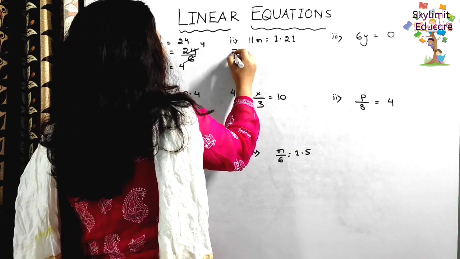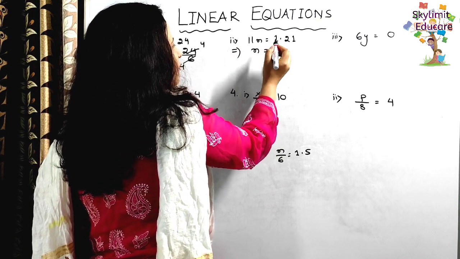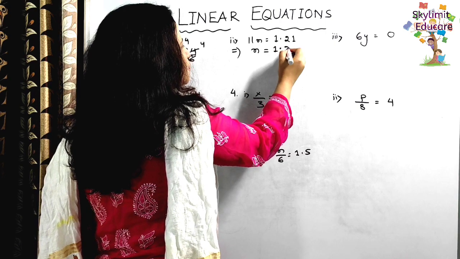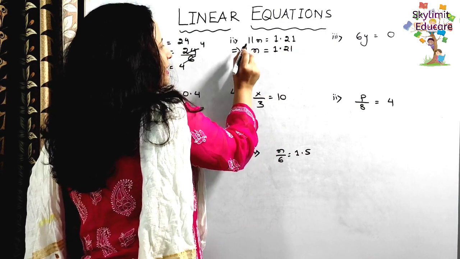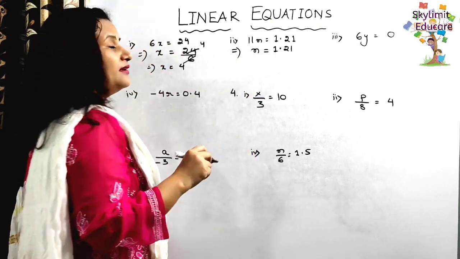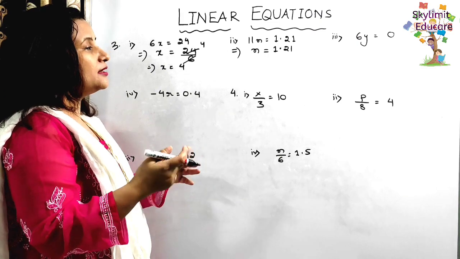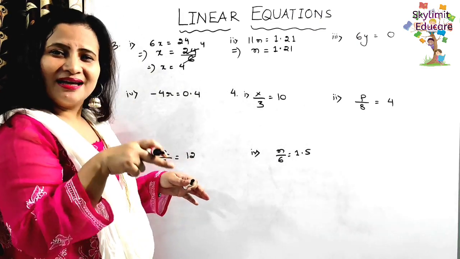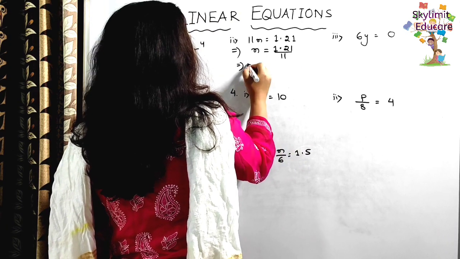Next question. Here the variable is n, okay, and what is there on the right hand side? 1.21, right? And when you are shifting this 11, here on the left hand side 11 is multiplied to n. So when you are shifting into the right hand side, 1.21 will be divided by 11, okay? So we'll divide it. Now how to solve it?